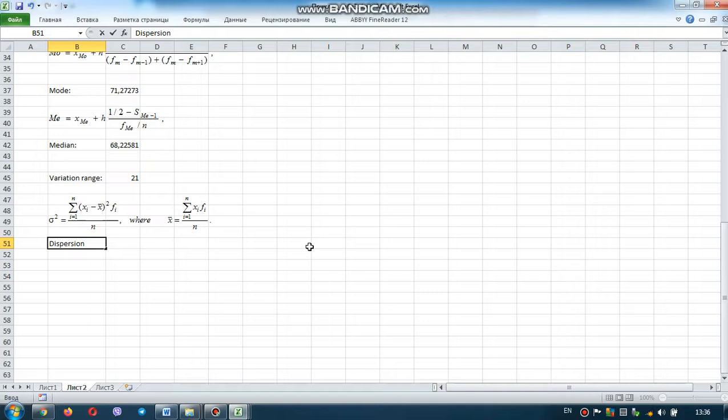We cannot use the function disp in this case because we are working with the interval variation series, and a modified dispersion formula is used in this case.